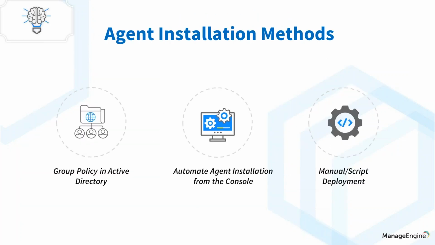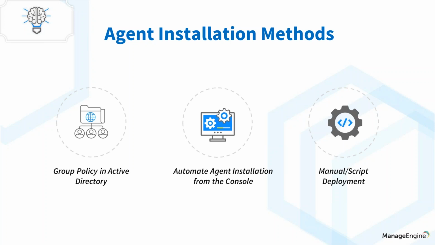Agent installation method. This is a client-server model, which means you need to have the agent installed in all your endpoints in order to manage them. So to facilitate agent installation, we recommend 3 methods. One is via group policy, a startup script in your Active Directory. You can simply download the application setup and push it using a GPO.